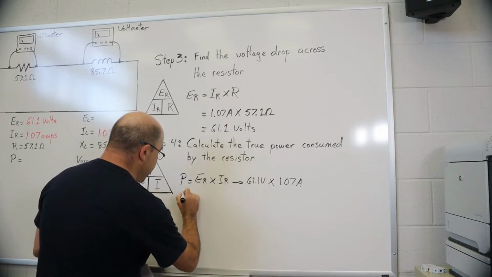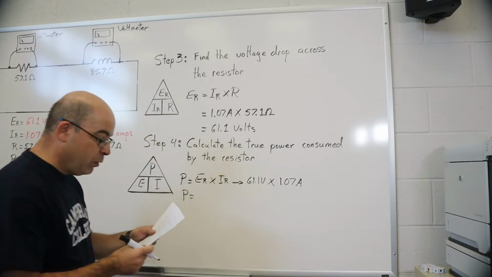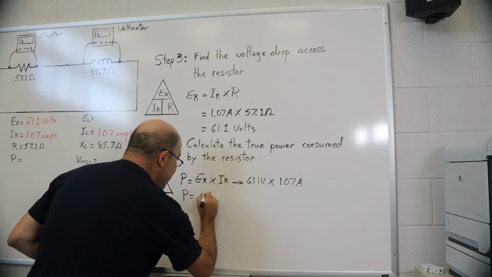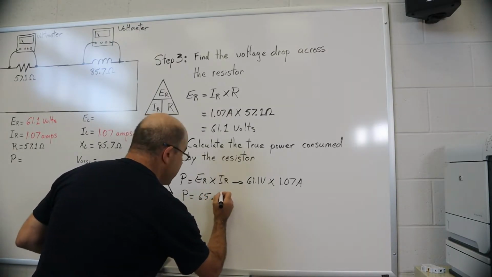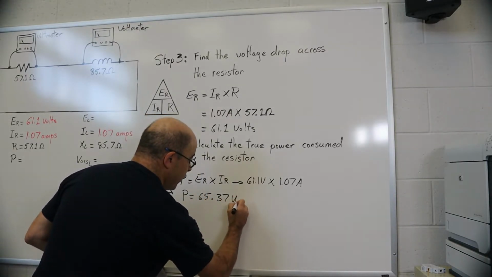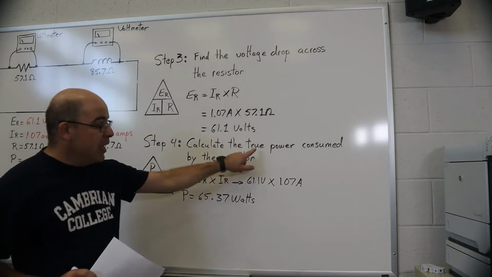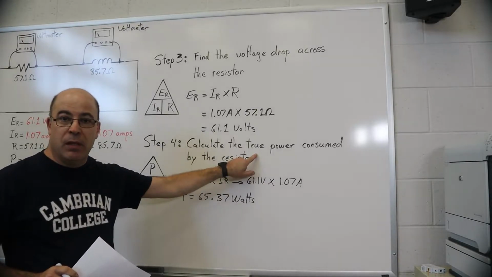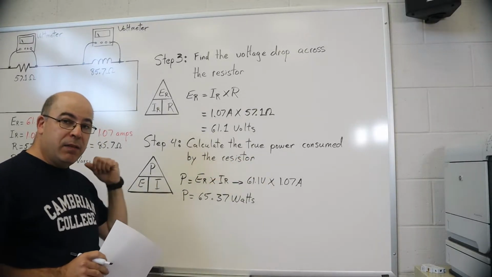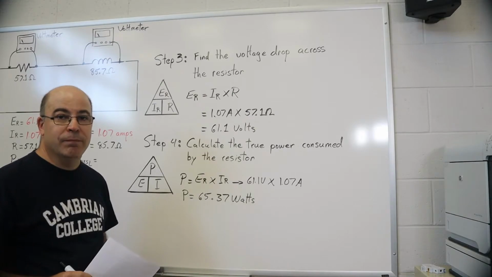Punching that into the calculator, we should get a total of 65.37 watts. Watts, because that is considered to be true power. I'm going to input that into the chart, and we're going to keep moving on.